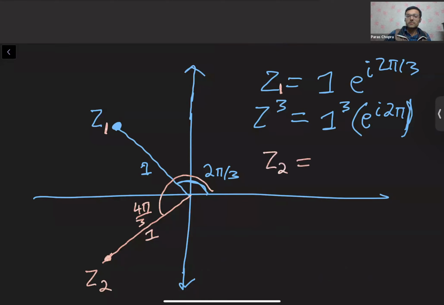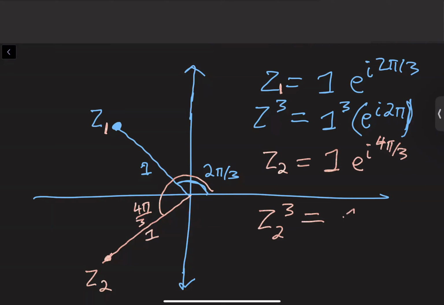So Z2 will be equal to 1 e to the power I 4 pi by 3. You have to tell me what will be the cube of Z2 equal to. So Z2 cube will be equal to 1. So can we say that Z1 and Z2 are the cube roots of 1? And we already know that 1 is also a cube root of 1.